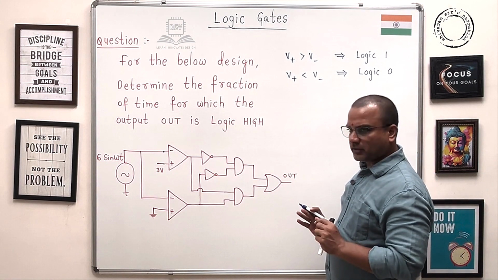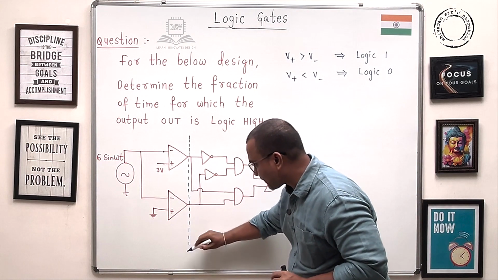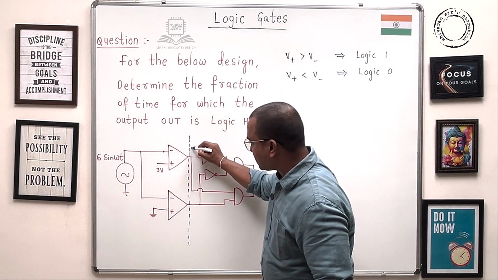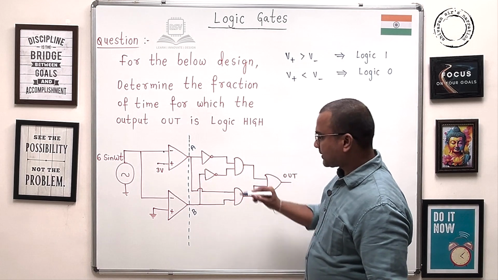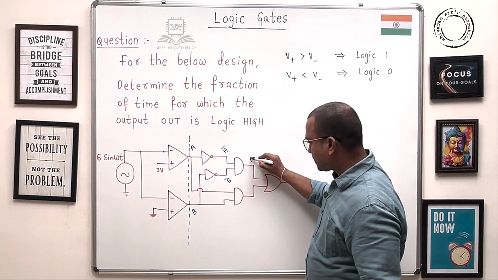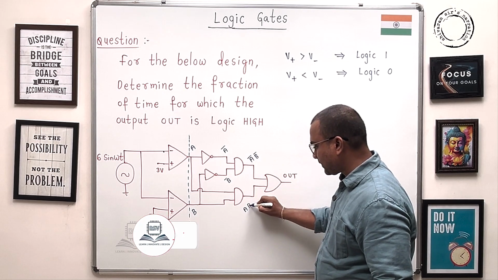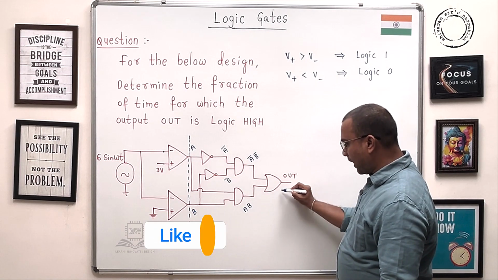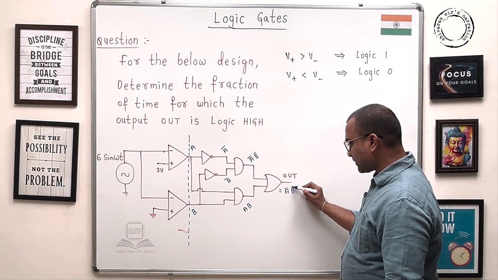Next, guys, the rest of the design from here. Let's assume this is A and this is B, then this is A bar and B bar, so this is A bar into B bar and this is AB. So this particular OR gate output will be A bar B bar plus AB.